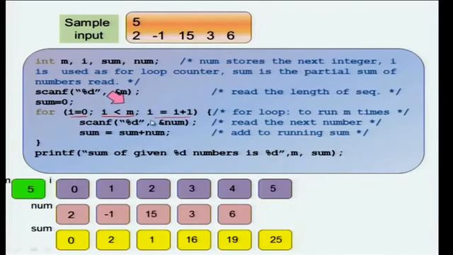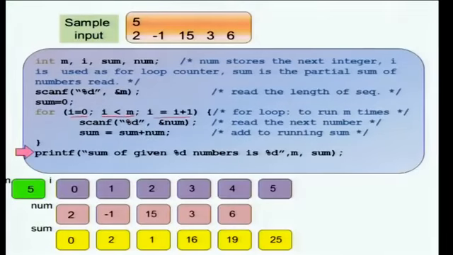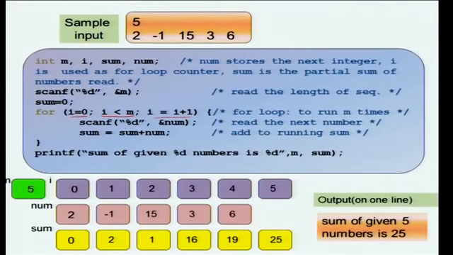So when you read the 5th number, I will be 4. After that, you add the 5th number to the summation, and once you are done, I will be incremented to 5. 5 is not less than 5, 5 is equal to 5, so you will exit out of the loop. At this point, you will have the correct sum. So the correct sum will be 25, and you exit out.